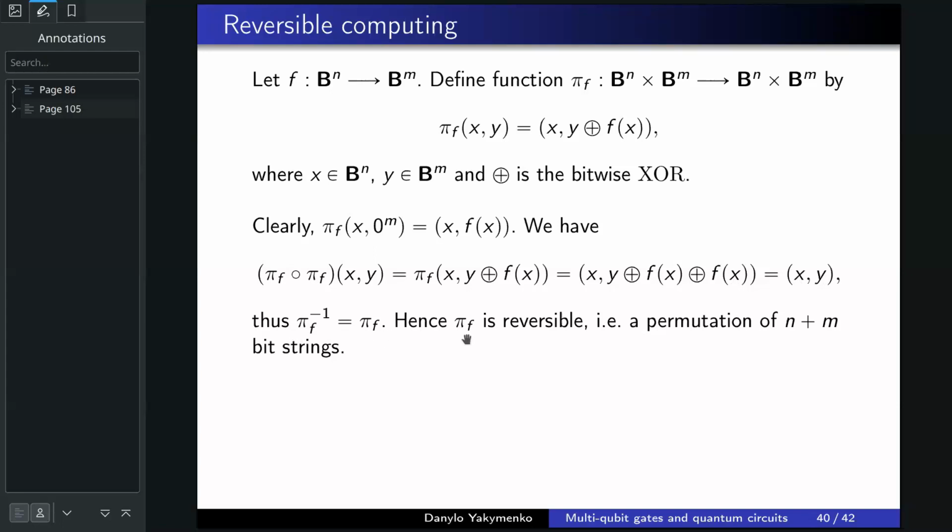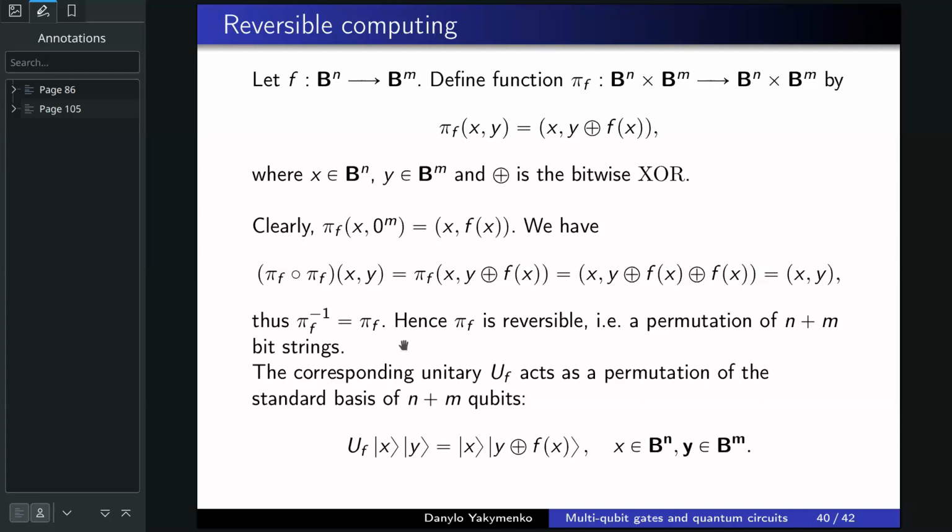This means that p of f is a reversible function. And thus, it is a permutation on n plus m bit strings. And this allows us to define the corresponding unitary action. We simply define it in accordance to this p of f.